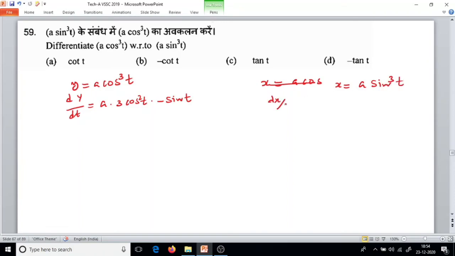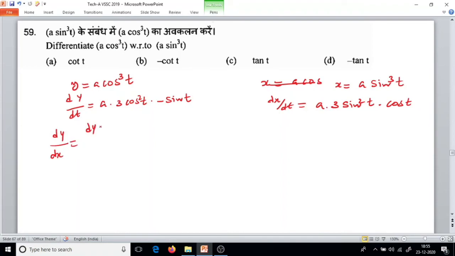What is dx by dt? A is constant, 3 sine square t, and the differentiation of sine is cos t. Now we want dy by dx. This will give us the answer.